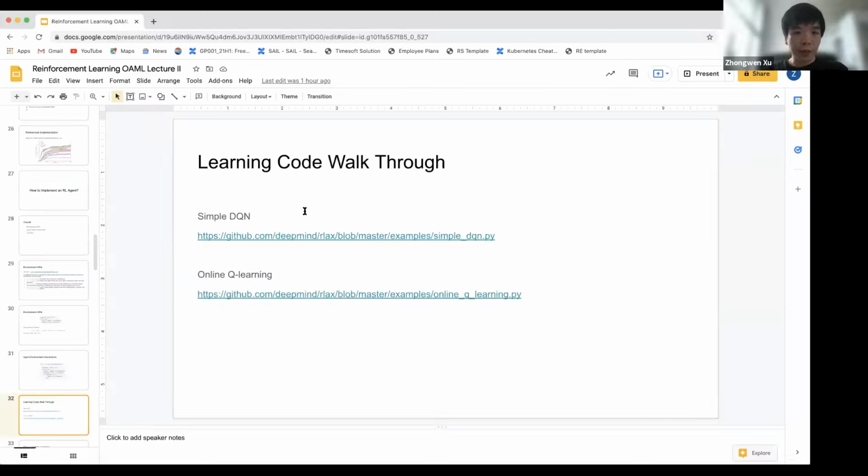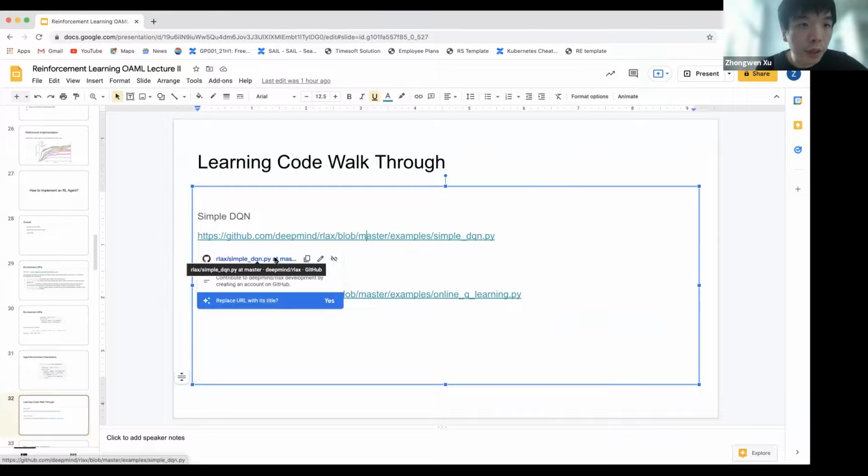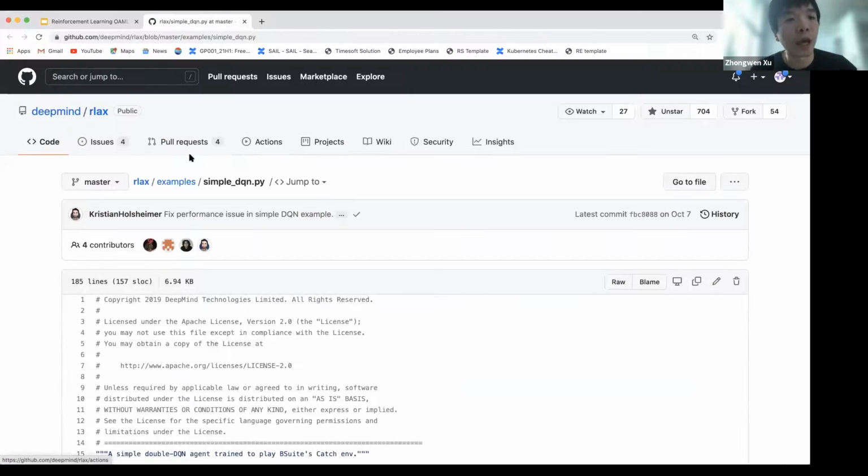Next we are going to walk through some code that can really be used, so we can learn how you can implement a simple agent. The first one is from a library called Rlax. It's a reinforcement learning library written in JAX.